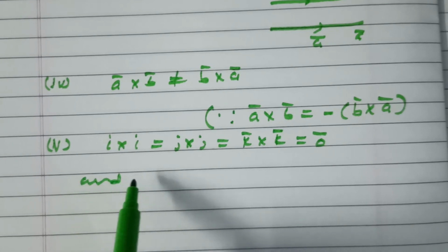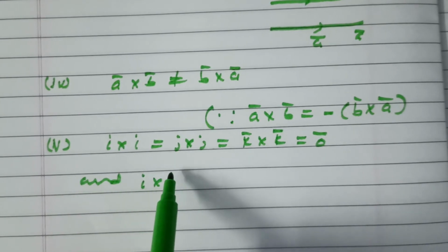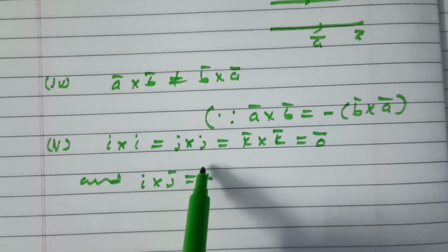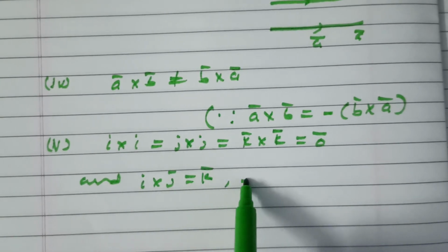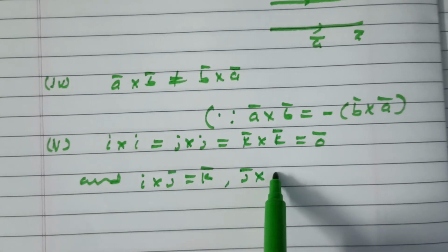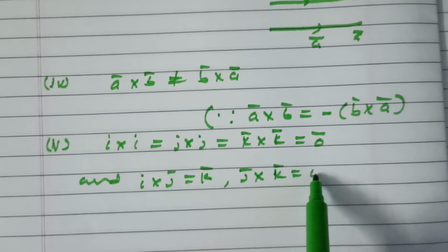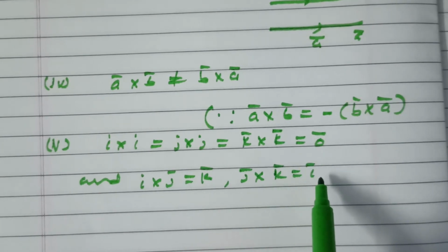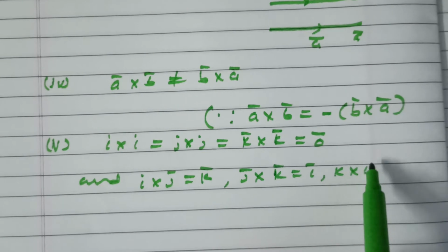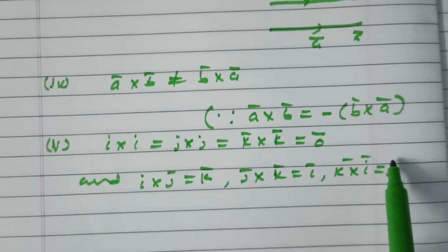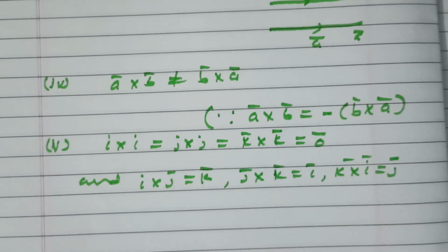And I bar cross J bar is equal to K bar, J bar cross K bar is equal to I bar, K bar cross I bar is equal to J bar.